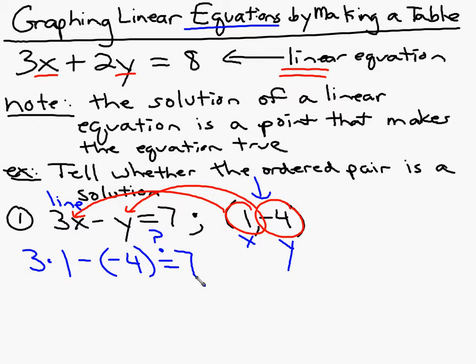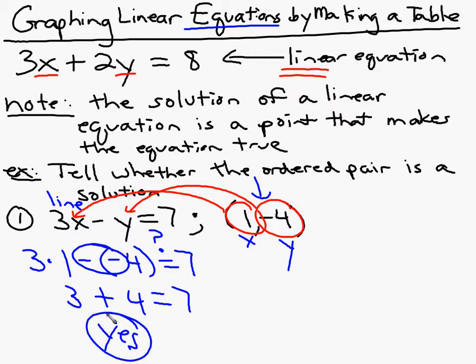Does that point make the equation true? What's 3 times 1? Isn't it 3? And subtracting -4 becomes +4. Is 3 plus 4 equal to 7? Yes, it is. So the answer to this problem is that yes, it is a solution.